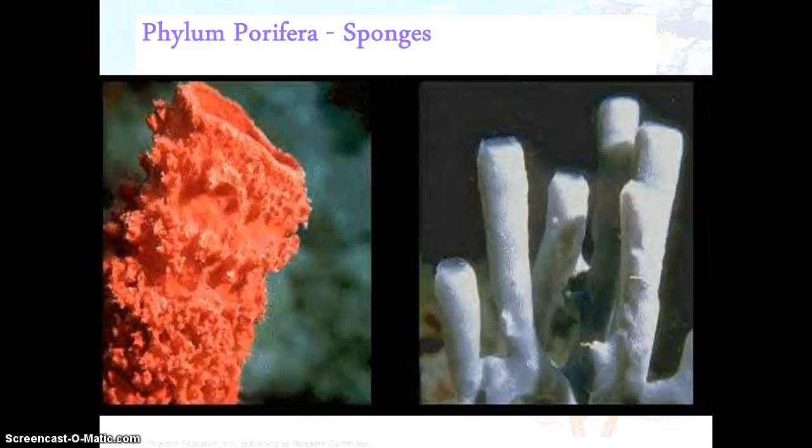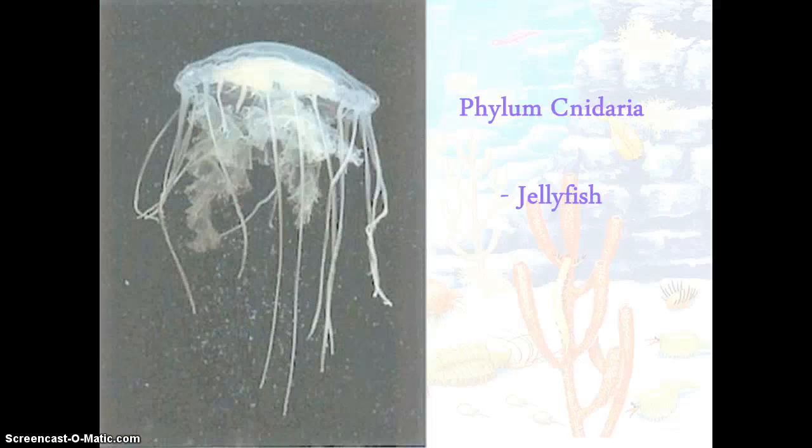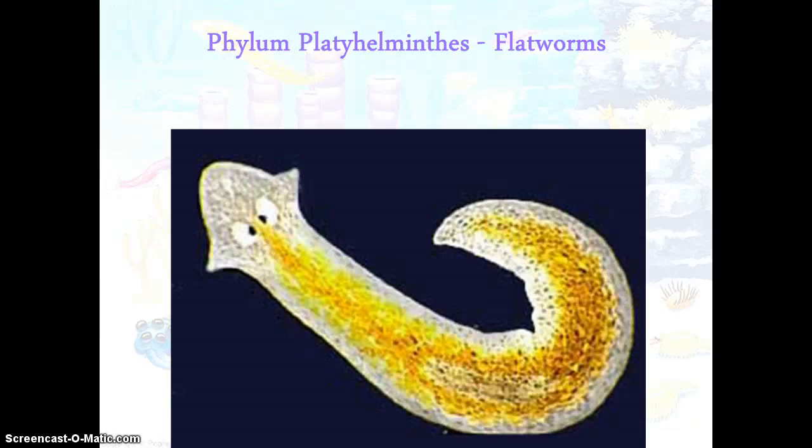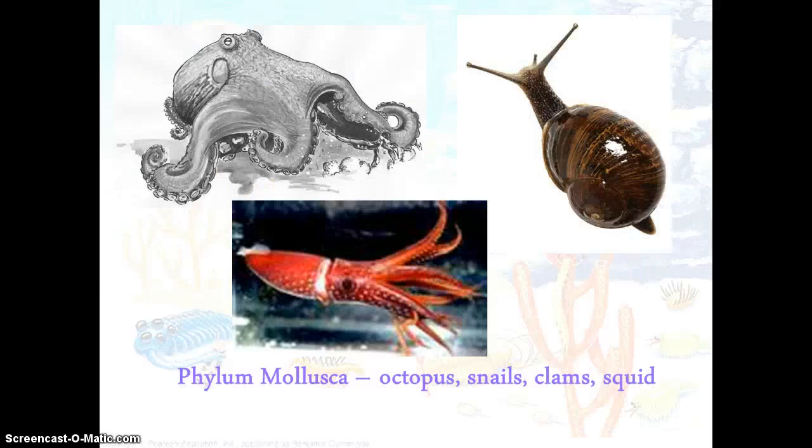You have the Porifera, which are the sponges. You have the Cnidarians, which are the jellies. You have the Platyhelminthes, which are the flatworms, and these are all the phyla that they belong to. You have the mollusks, or the Mollusca, which would be your clams and snails, squid and octopi fall into that category.